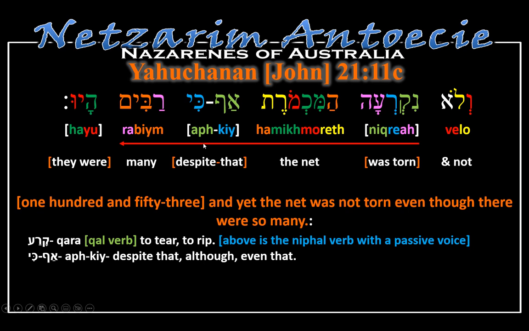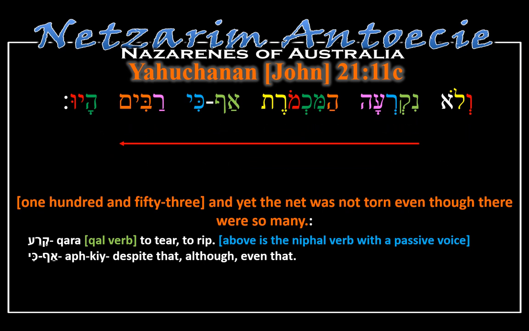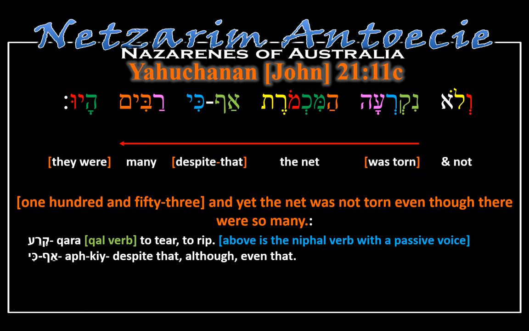So that could be even though. Right, and so we now are able to read that. Velo nikre'ah hamikmoret af ki rabim hayu. And the translation, and not was torn the net, despite that many they were.